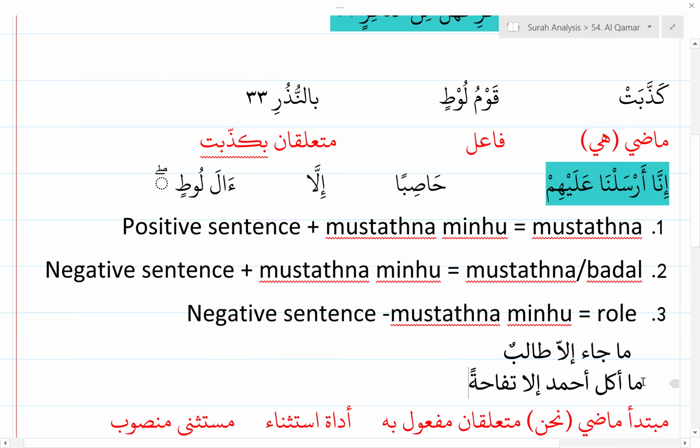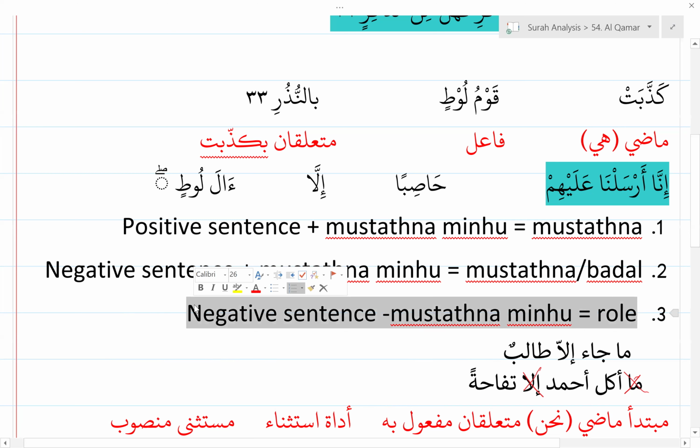Because if I remove the ma, and I remove illa, what do I have? أكل أحمد تفاحة. So now it's a مفعول به. So when this happens, rule number 3, just remove the ma illa structure and look at the sentence and see what role it is playing, and that will be your i'rab. Is that clear? Are we good? Yes. Alhamdulillah. Great.